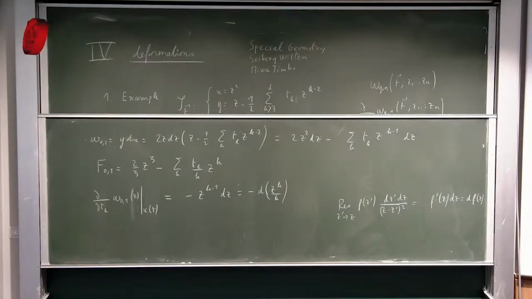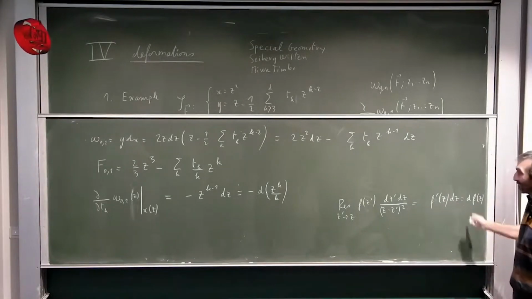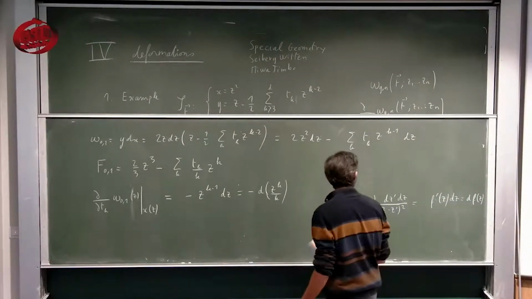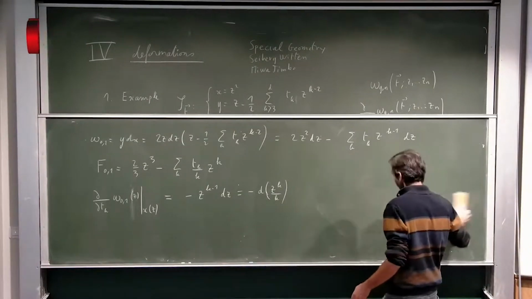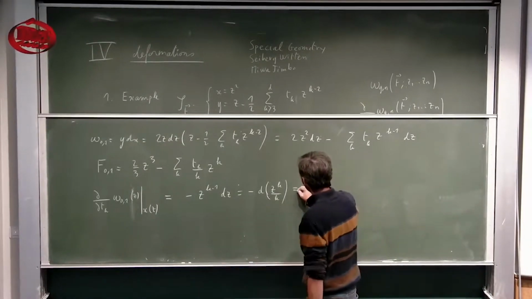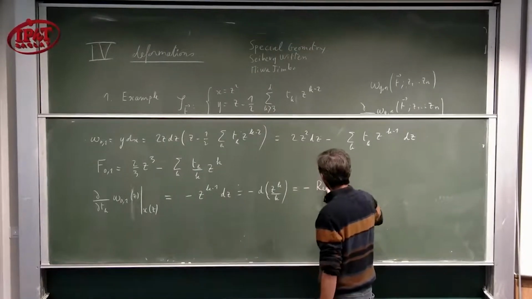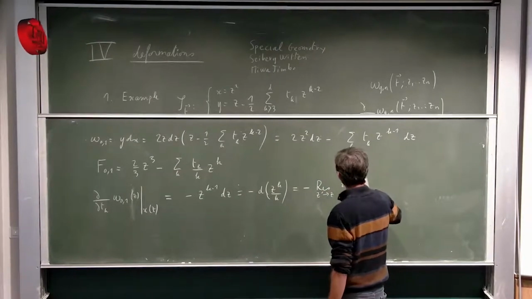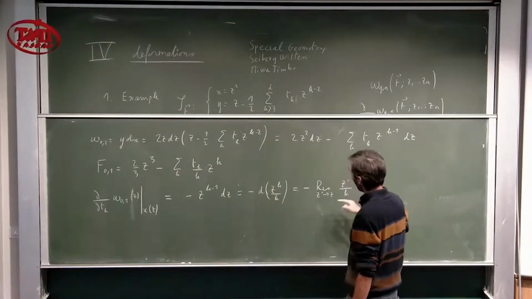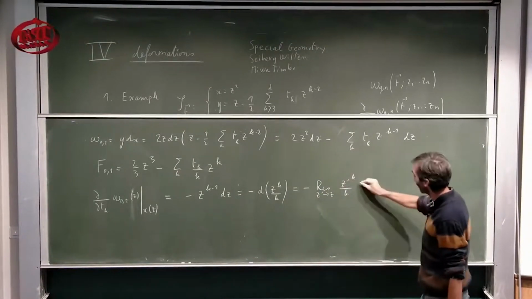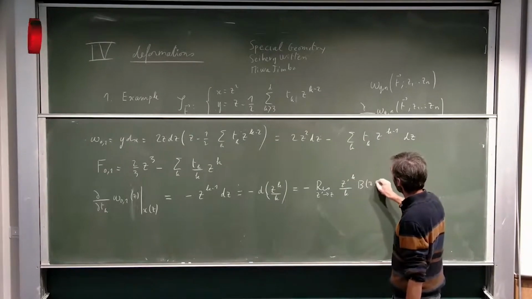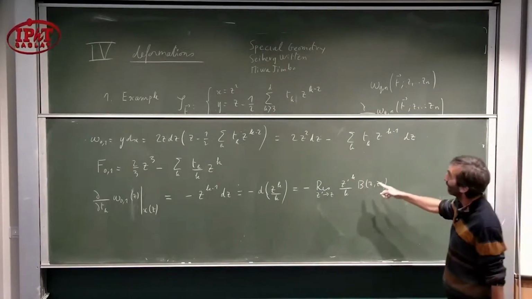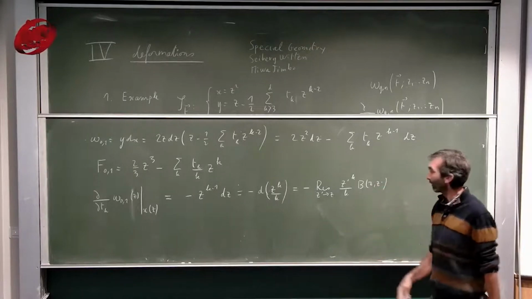Okay. This may look like a strange idea, but let's do it. Let me write it as minus the residue, as z' goes to z, of z'^k over k times this formula which I just wrote, which was exactly the B of z', so dz' over (z minus z') squared.